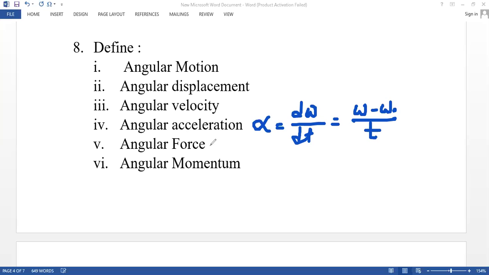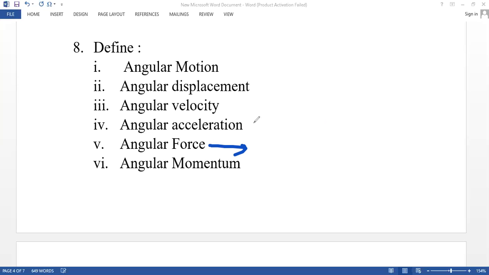Angular force. What is angular force? There is a difference between linear force and angular force. What does force do? Can you tell me, anybody here? Force can create acceleration.